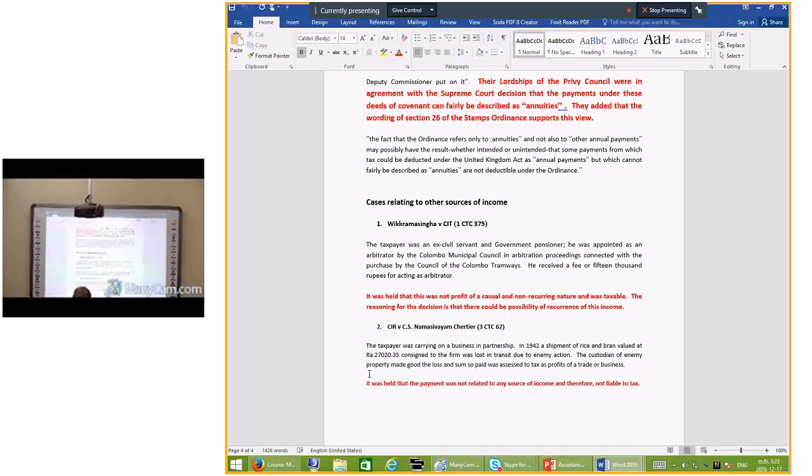Can it be described as employment income? No, he is not the employee. Can it be treated as trade income? This is not trade, no rent or anything. No. Then that type of payment goes to the other source of income.